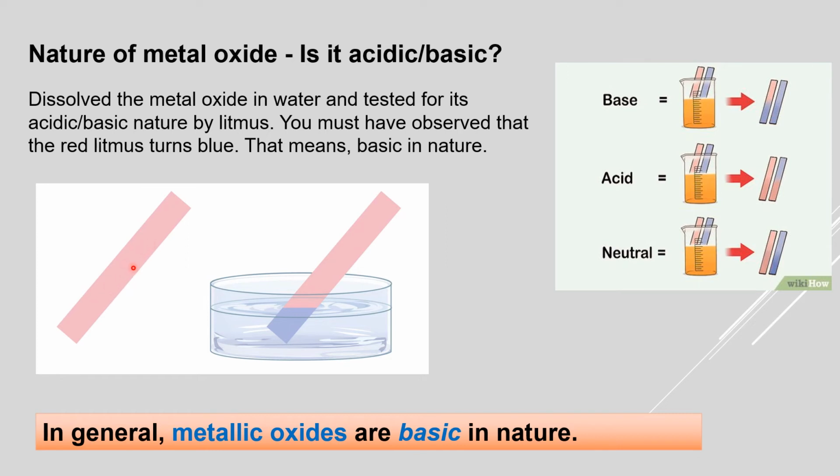So first what you do, metal oxide dissolve in water, and that solution you dip with a red litmus paper. So red litmus paper turns blue. You can confirm that metal oxide is basic in nature. So here in general, metal oxides are basic in nature.